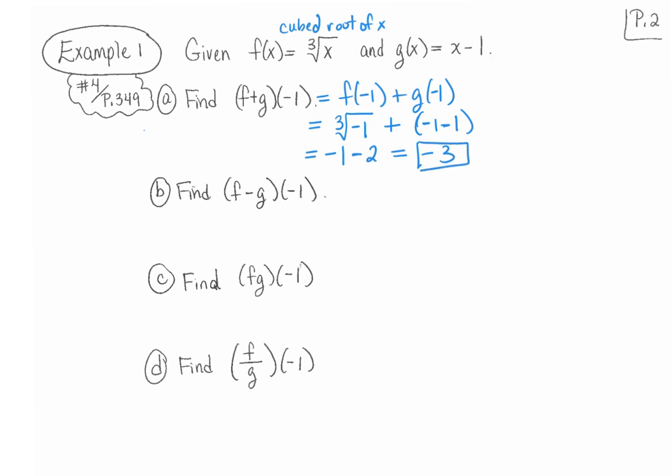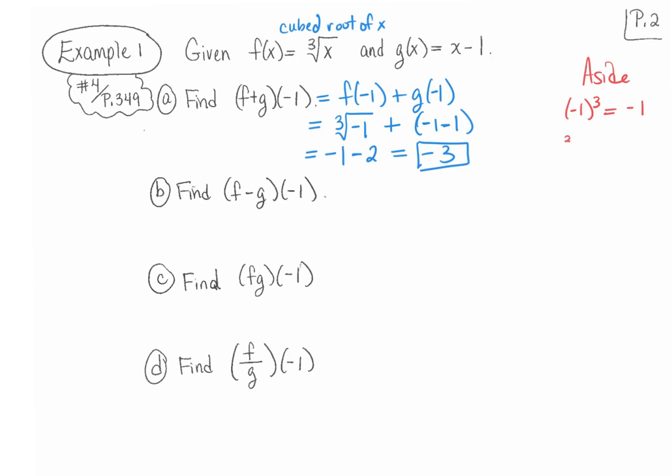Would you like a second to try B? Oh, there's a question? What question do you have? Oh, you were going to ask how to get rid of the cube, but you see it now. Because the cube root of -1 is -1. So an aside, that's a good question. -1 to the third power is equal to -1, right?